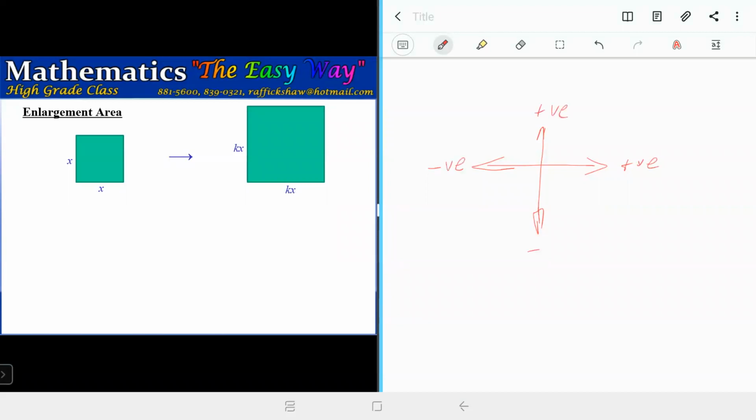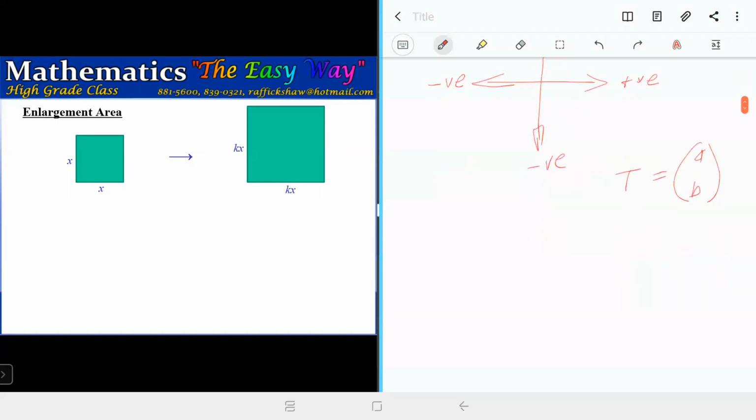Going down, that's a negative. And translation is given by a matrix (a, b). This one is for the left and the right, and this one is for the up or the down. That's translation.